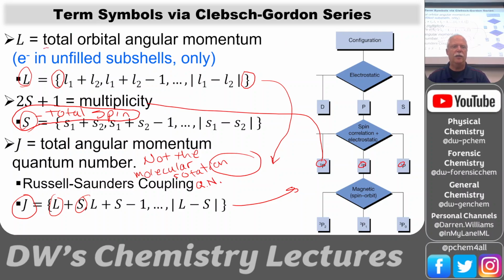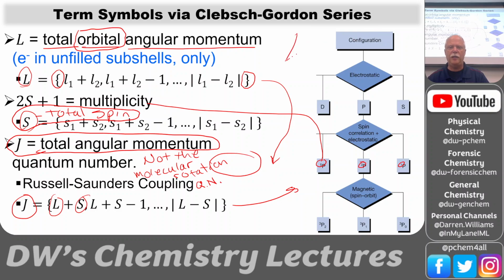The L is the total orbital angular momentum quantum number, and it's just focused on the orbital. Down here is the total angular momentum quantum number. I agree, it's very confusing in terms of the vocabulary. So I put a big old star on this page for you in your notes. These are the terms that I'm going to be using in my questions.